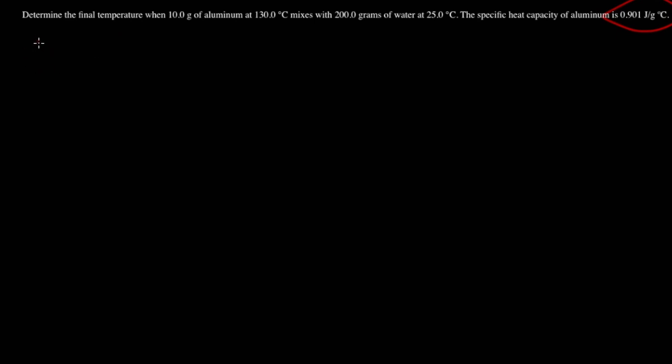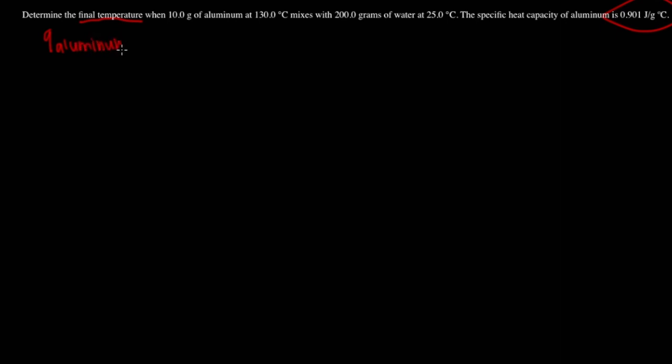So we can start this problem the same way we looked at the last one. We know that since both the aluminum and the water arrive at the same final temperature, both of them would have had the same amount of energy transformed. So in this case, the hotter substance is the aluminum and the colder substance is the water.